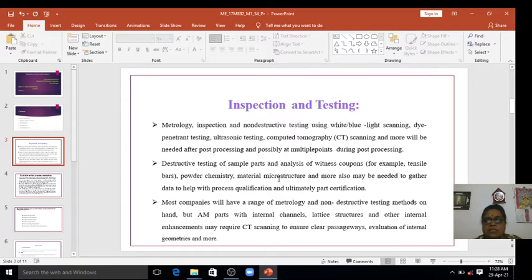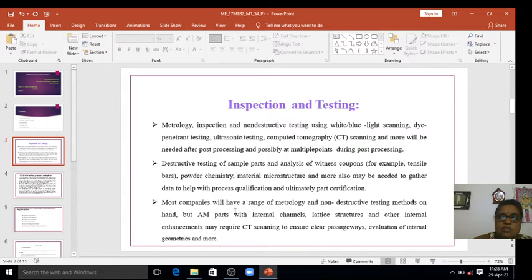Destructive testing of sample parts and analysis of witness coupons, for example tensile bars, powder chemistry, material microstructure, etc., may also be needed to gather data and help with process qualification and ultimately parts certification.